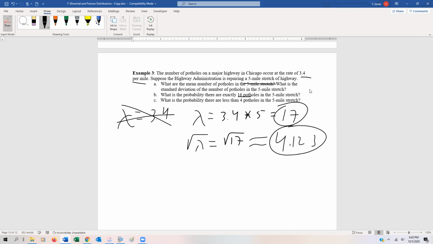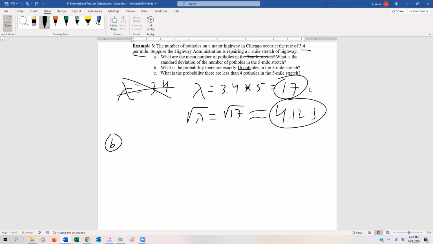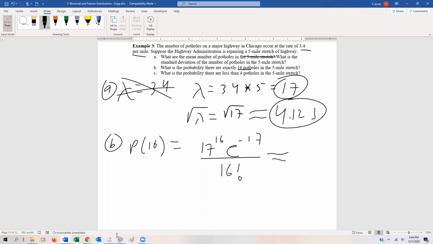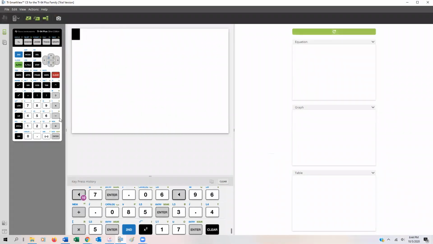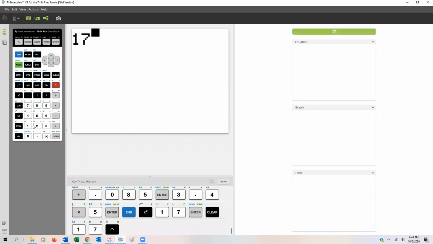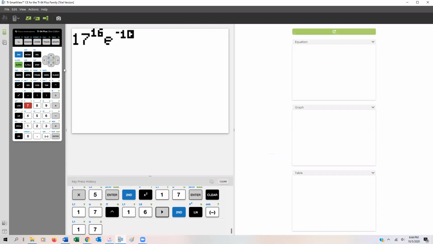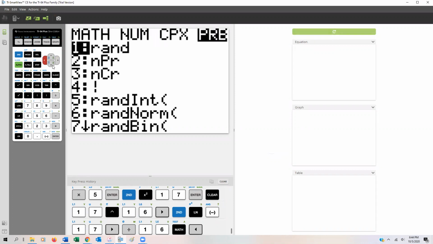Probability of 16 potholes. For letter B, the probability of 16, given that lambda is 17: lambda to the x, so 17 to the 16, times e to the minus lambda, which is e to the minus 17, divided by 16 factorial. We just plug that into the calculator: 17 raised to the 16th, then e to the minus 17, divided by 16 factorial.